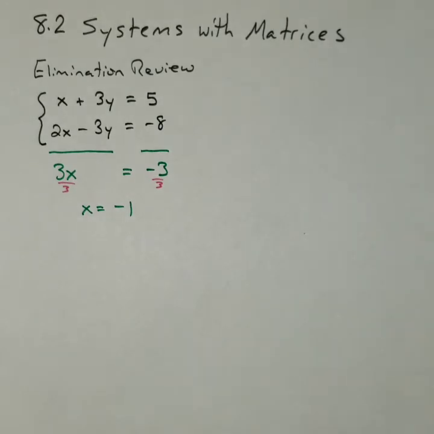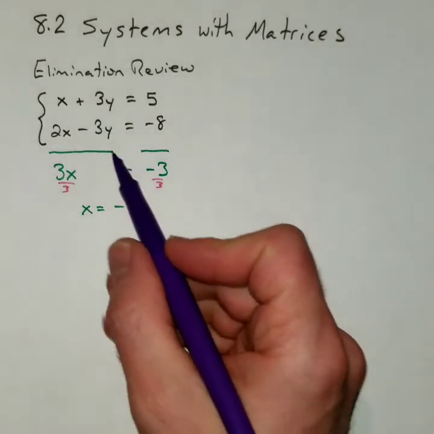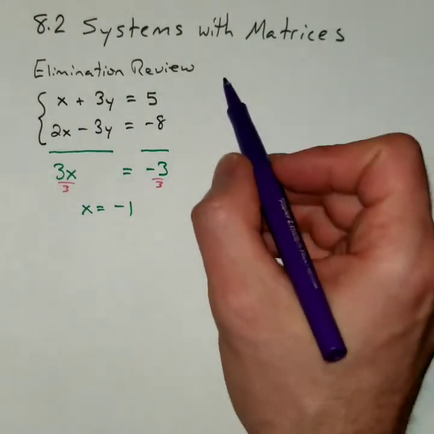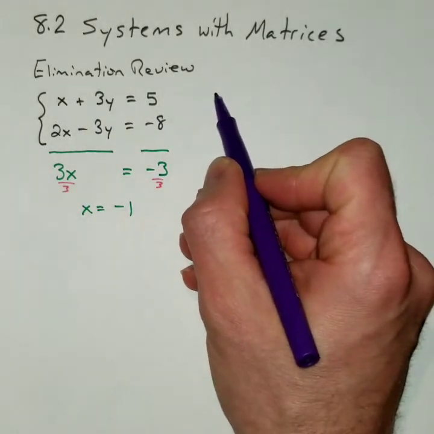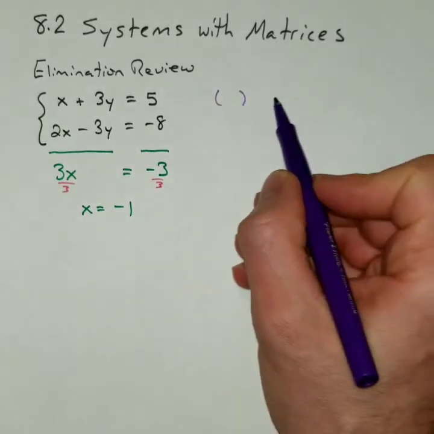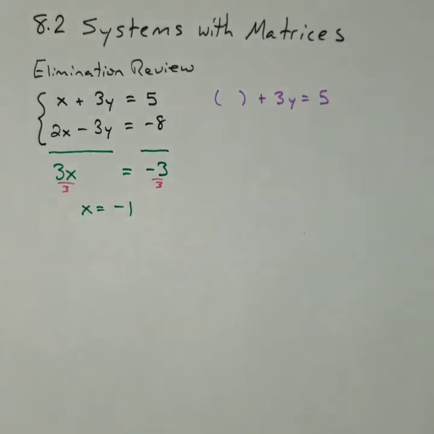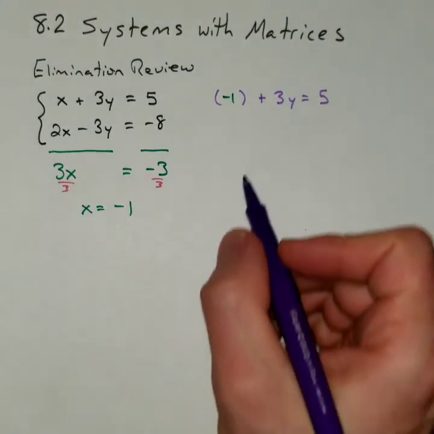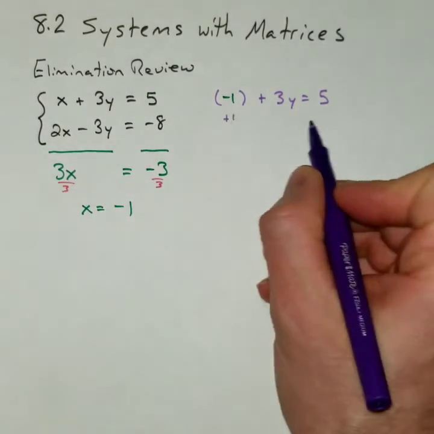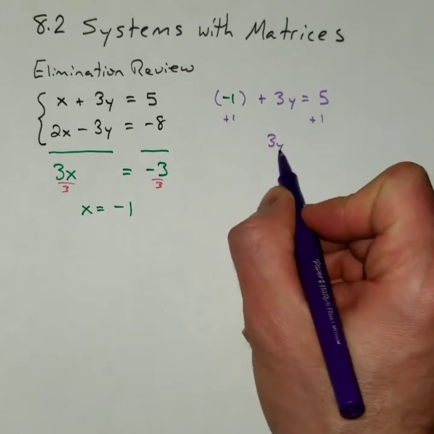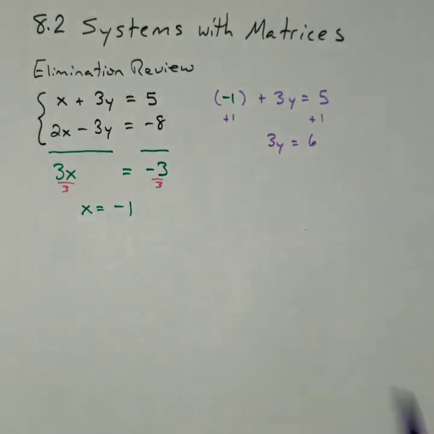Then we went and substituted that -1 back into one of the two equations, didn't matter which one. We could do the first equation, x plus 3y equals 5. We plug in the -1 for the x value. Then we can add 1 to both sides. We get 3y equals 6.